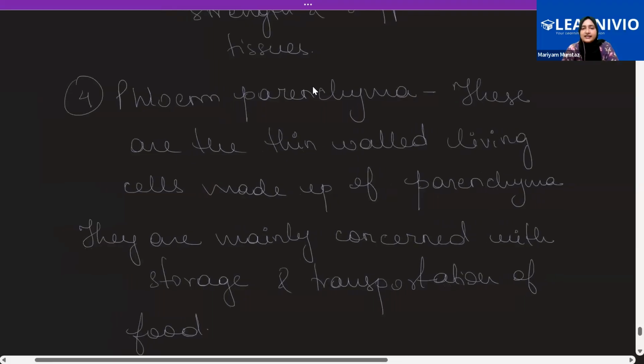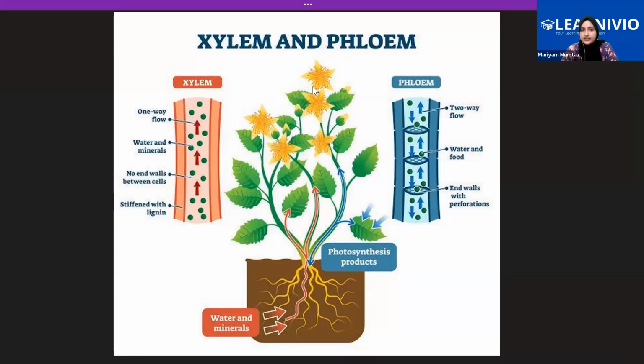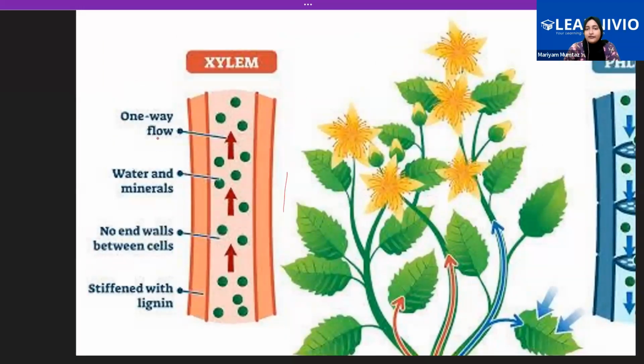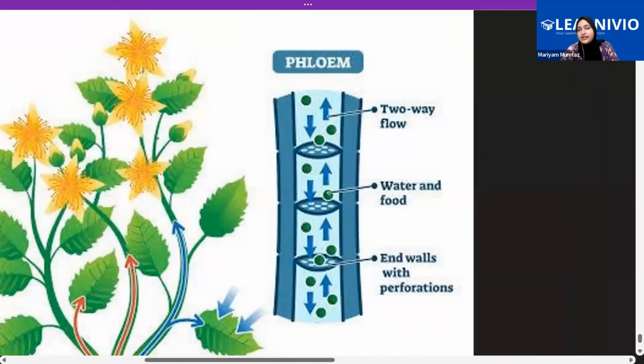Now see, lastly, there is this diagram that represents the transportation that happens via xylem and phloem. When you are taking down the notes, draw this diagram also. In the xylem, the transportation is one way. That is why we call it unidirectional transportation. Whereas in the phloem, they are transported in two ways.